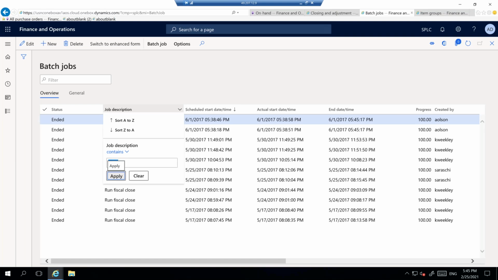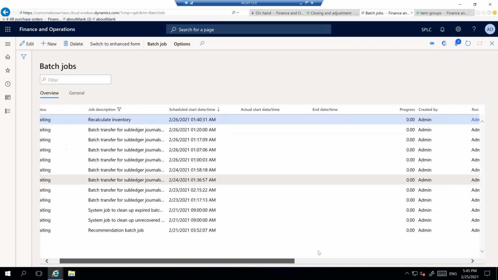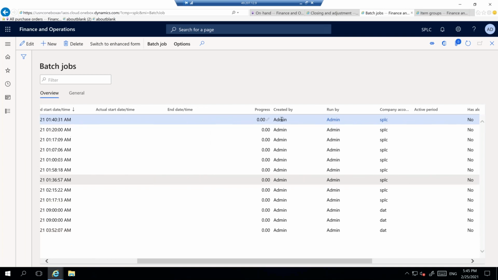Sorry, we are doing recalculation. So the inventory recalculation process is running. The progress is showing 0%.